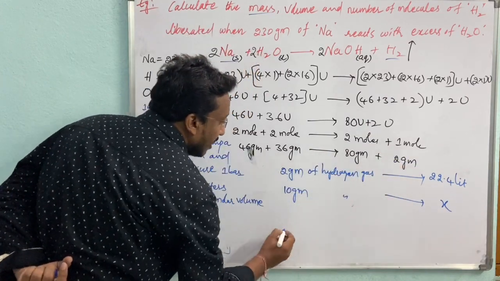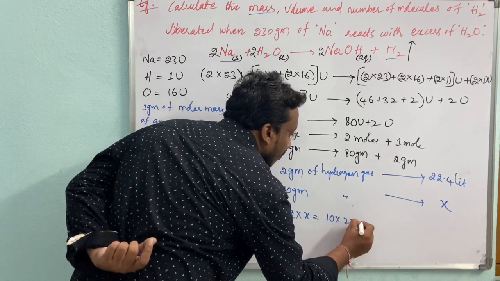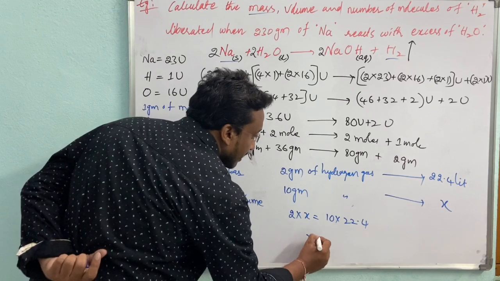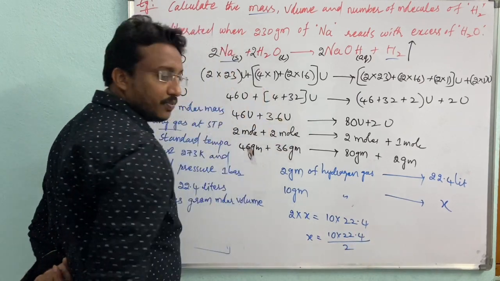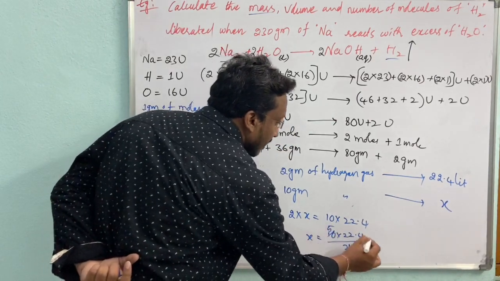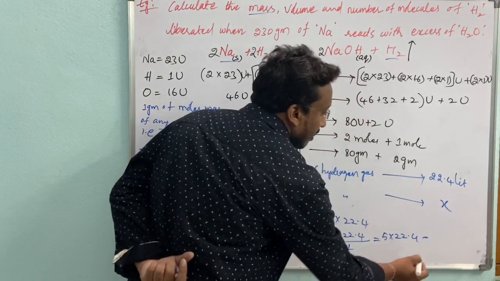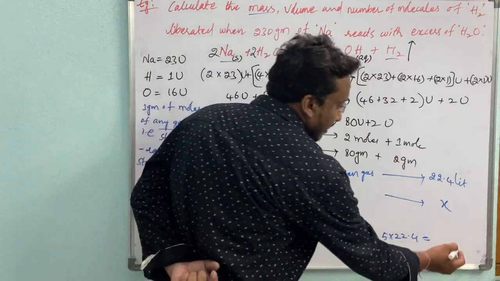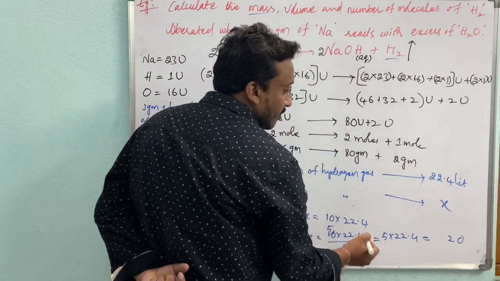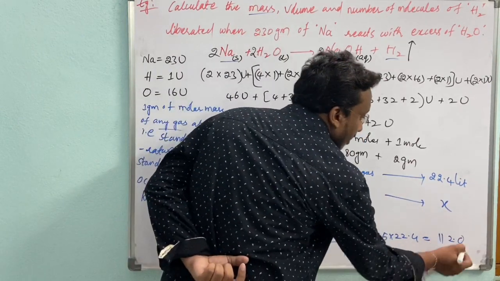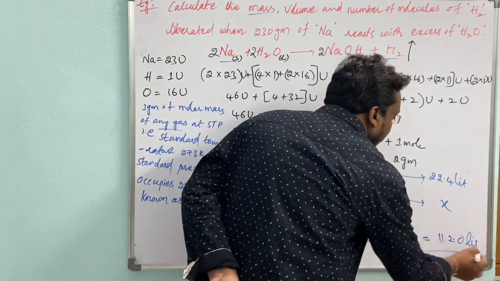Then cross multiplication again: 2 into x equal to 10 into 22.4, that means x equals 10 into 22.4 by 2. 2 5s are 10, that means 5 into 22.4, which is 112 liters.